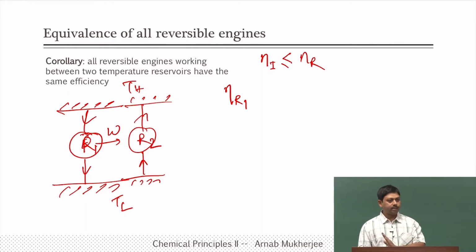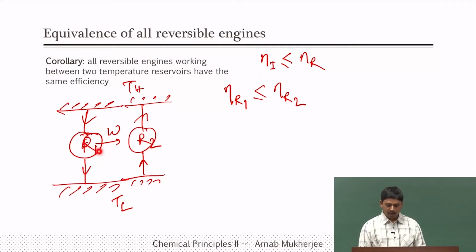Similarly, we can show that eta R1 cannot be greater than eta R2, for the same reason that an irreversible engine was not able to drive that.